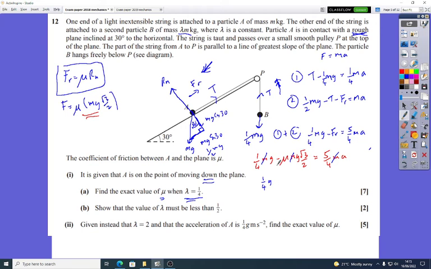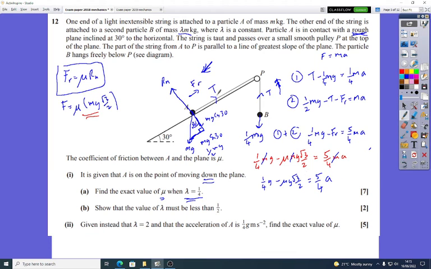Yes, we do know that. We'll put that in a second because it says exact value, so I want to just take my time with that. Minus mu G root 3 over 2 equals 5 over 4a.